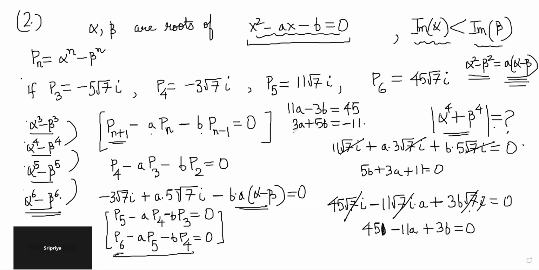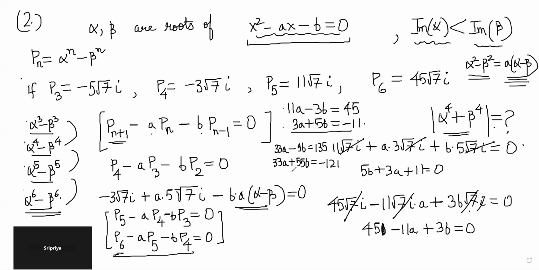Multiply this by 11 and this by 3. So 33A minus 9B is equal to 135. This by 11: 33A plus 55B is equal to minus 121.